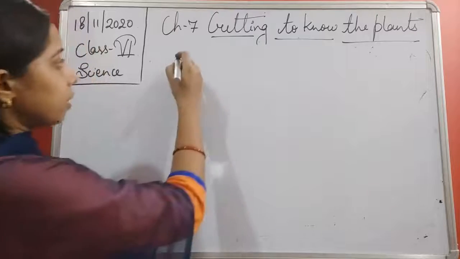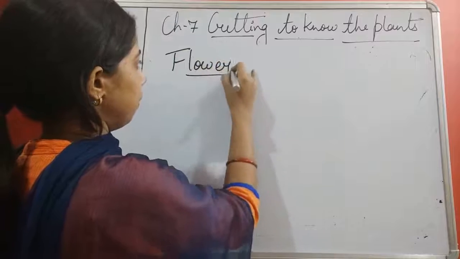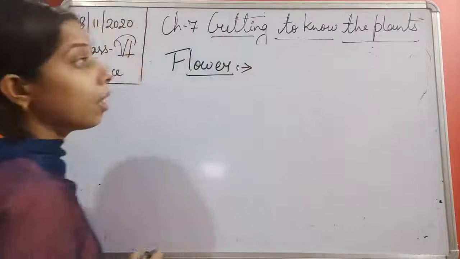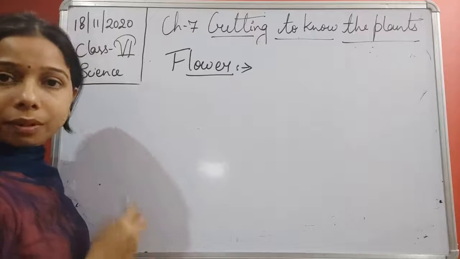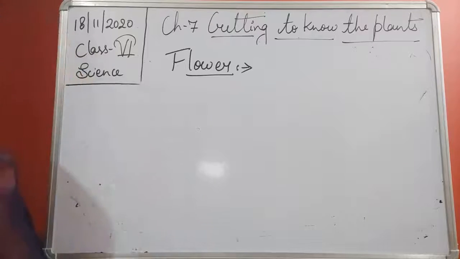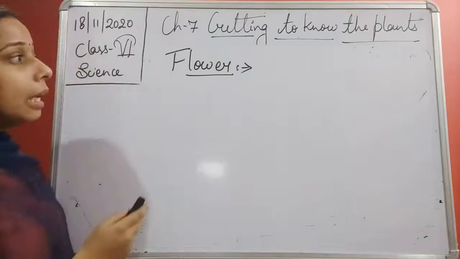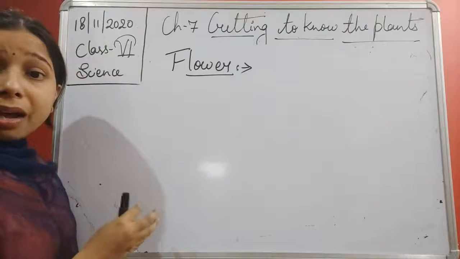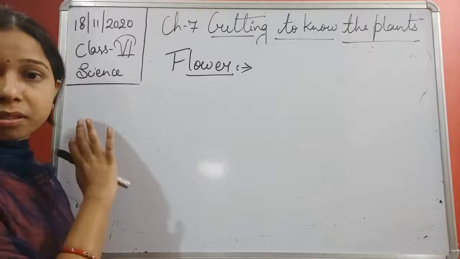Now let us move to the next and a very important part, that is flower. Flower, students, as the name suggests, is a very important part. How can you say that it is a very important part of the plant? Since it is that part of the plant which is responsible for the formation of the fruits.